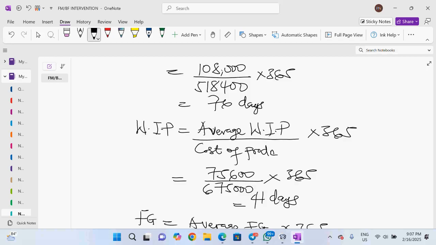So now what will be our payables formula? The payable days is equal to average payables. Average means you are adding two things and dividing by the number of items.